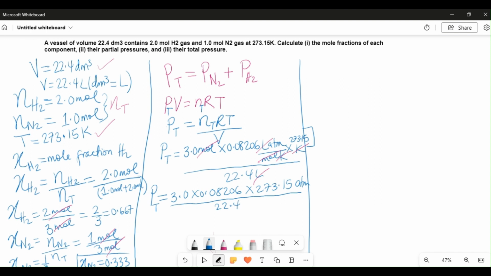So we input this in the calculator to get 3.00197 atmosphere. So P total will approximately be 3.0 atmospheres. So that means the total pressure, let me rewrite that, P total is just 3.0 atmospheres.